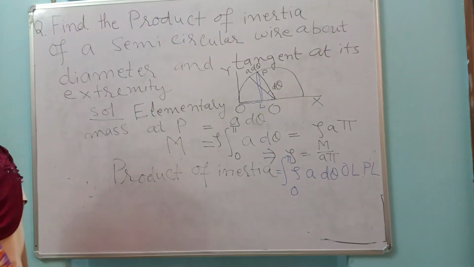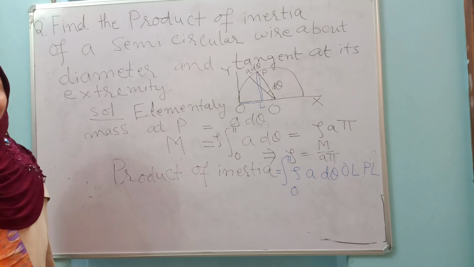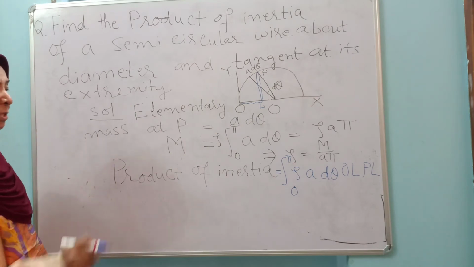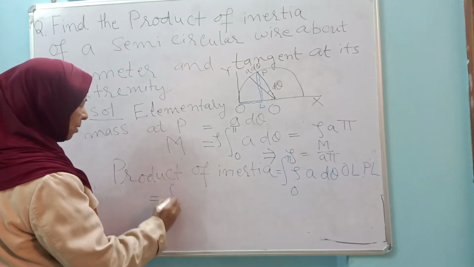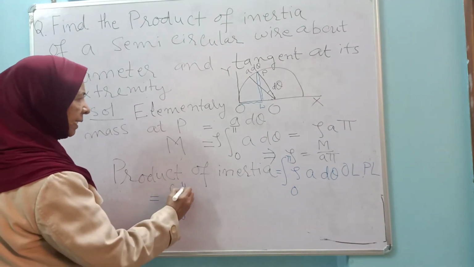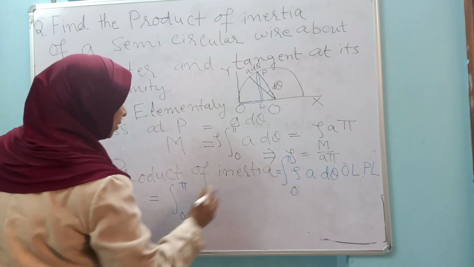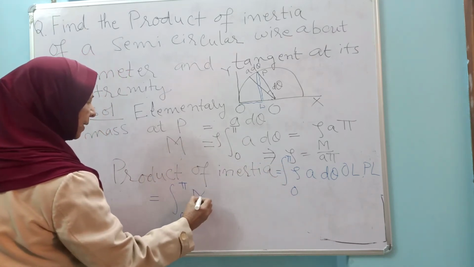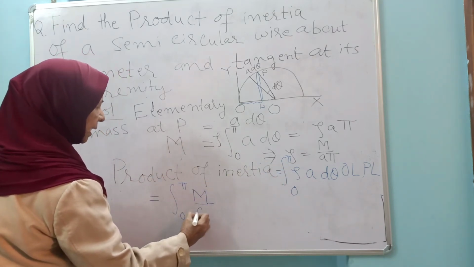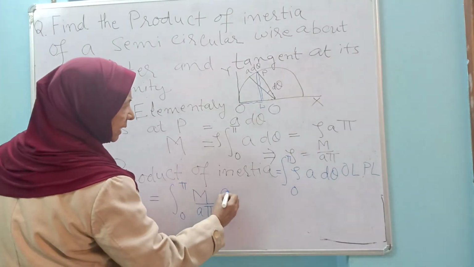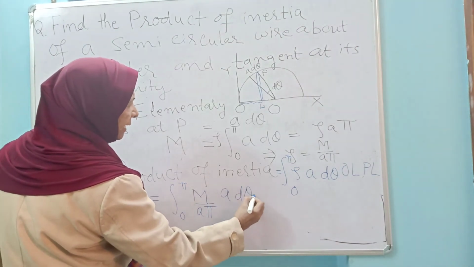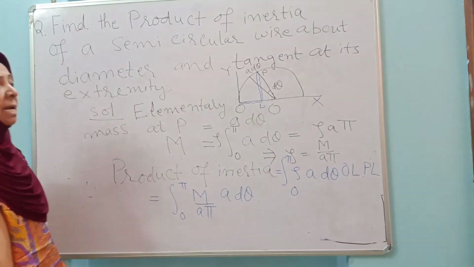Now we have to put the values of OL and PL. Rho can be substituted as m divided by a pi, then a d theta, and then what is OL?